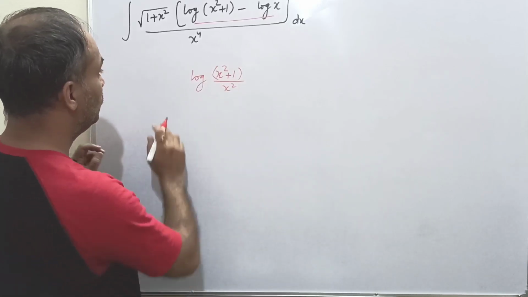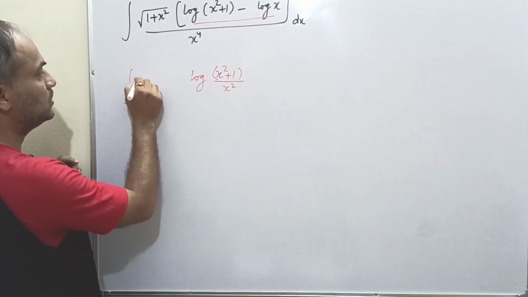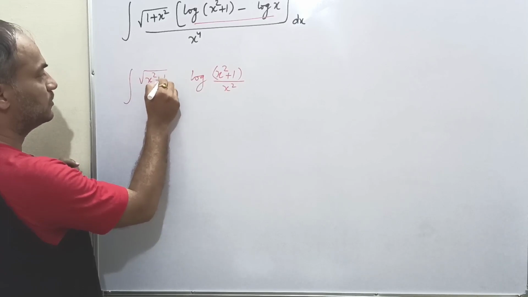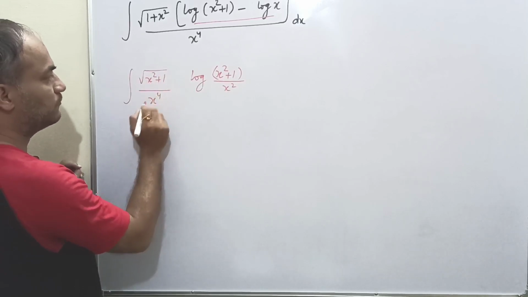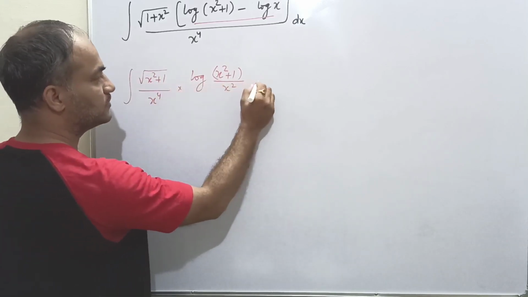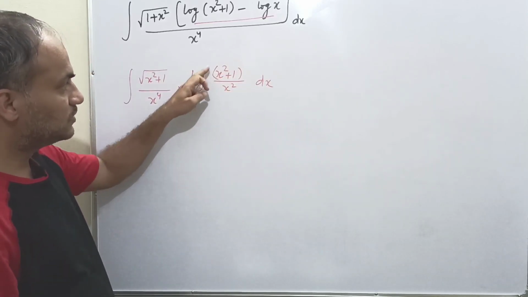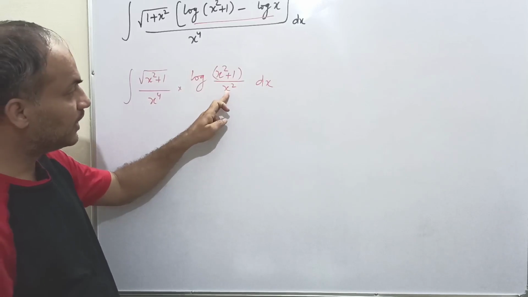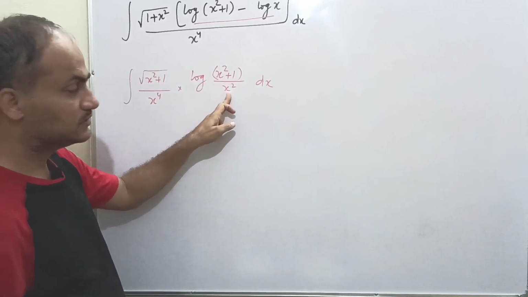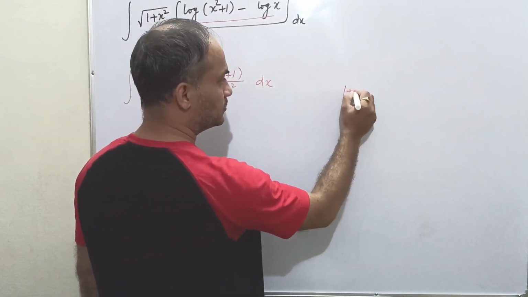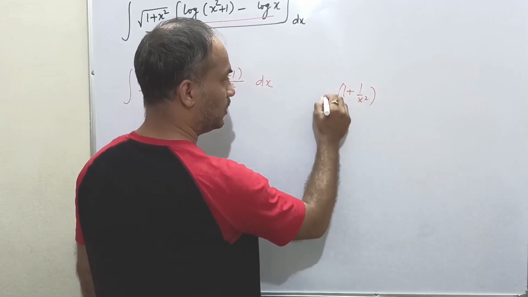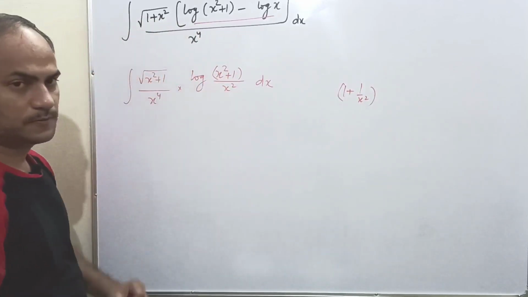Now the remaining term is root of (x square plus 1) upon x to the power 4 into this term, and this is operator dx. Once again, just look at this. When we divide this x square by this term, we get 1 plus 1 upon x square. This we get inside the log.